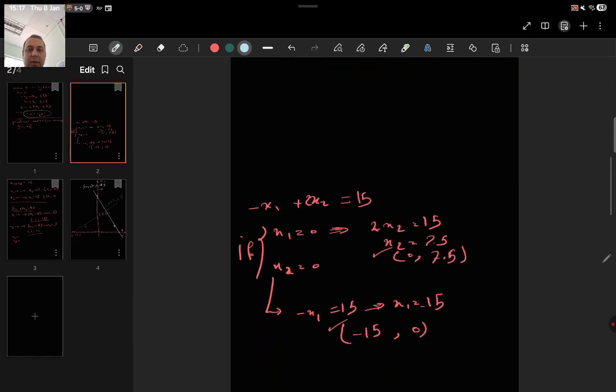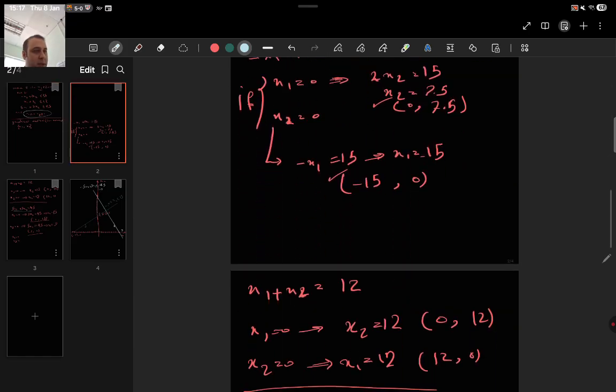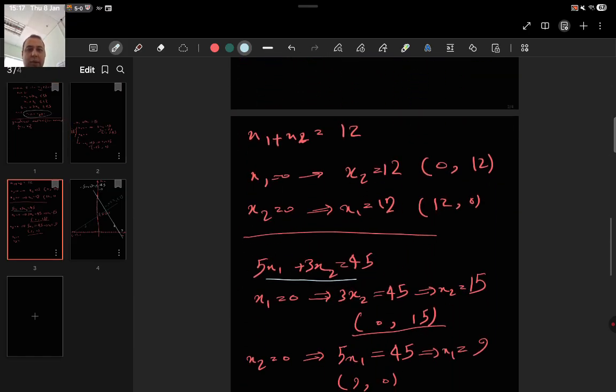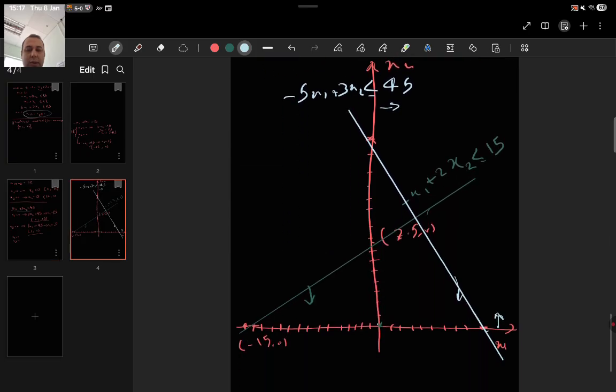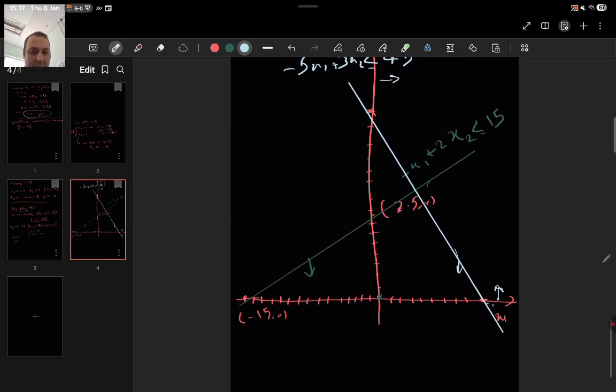Okay, another points that we lost is 12, 0 and 0, 12. We found it, which is 10, 11, 12. Let's say 12 is here, and 12 is 8, 9, 10, 11, 12, which is 0 here.